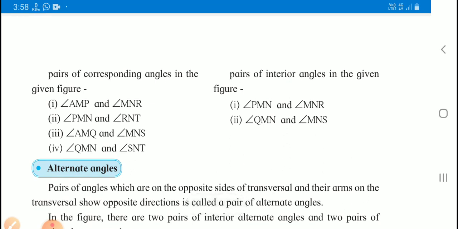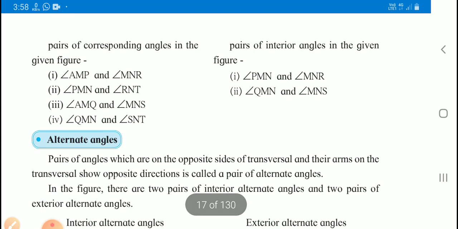Second pair is angle PMN and angle RNT. Third pair is angle AMQ and angle MNS. Fourth pair is angle QMN and angle SNT. These are the corresponding angle pairs from your figure.